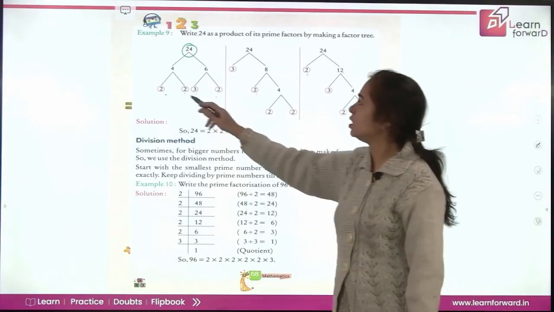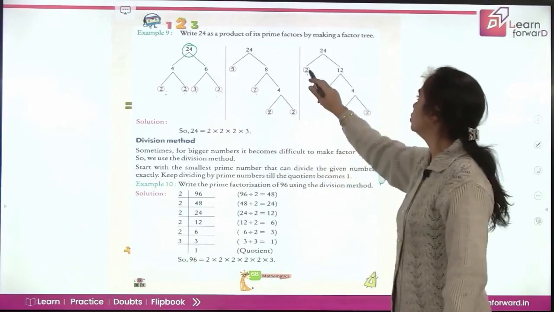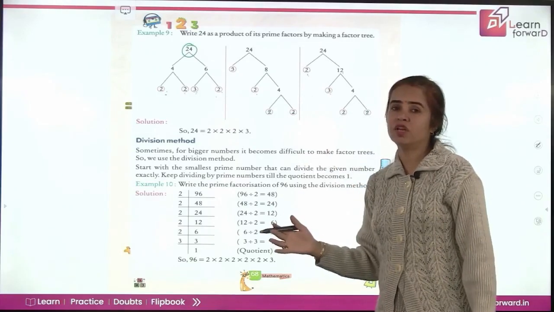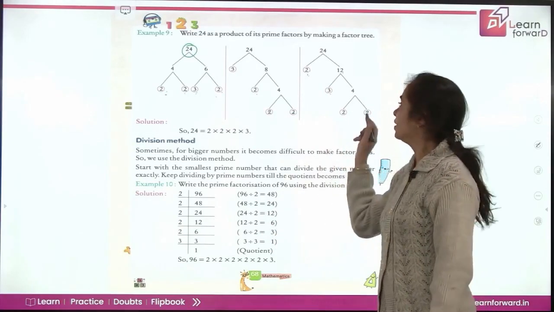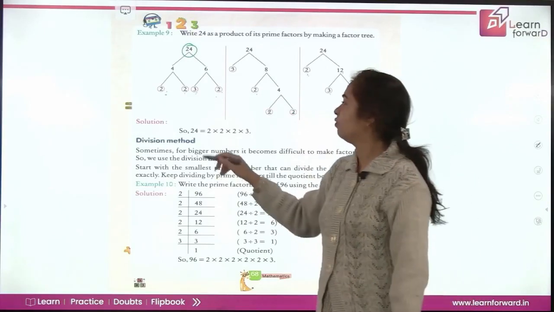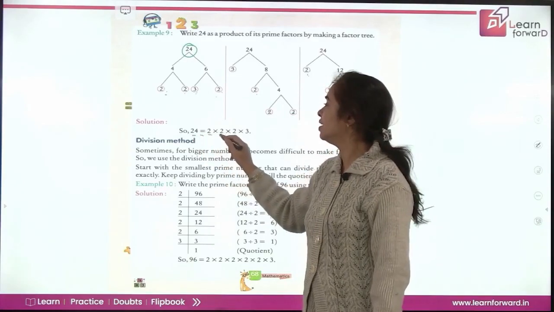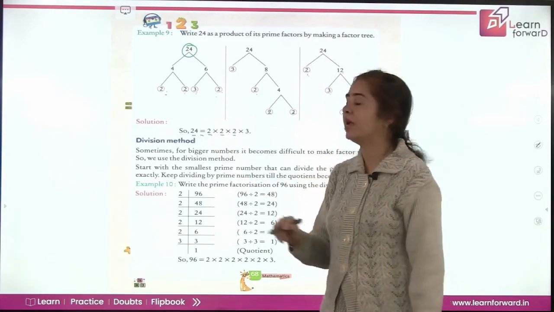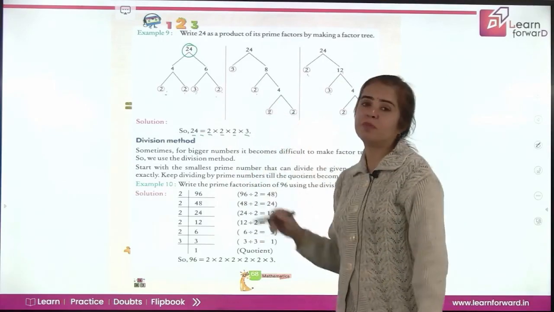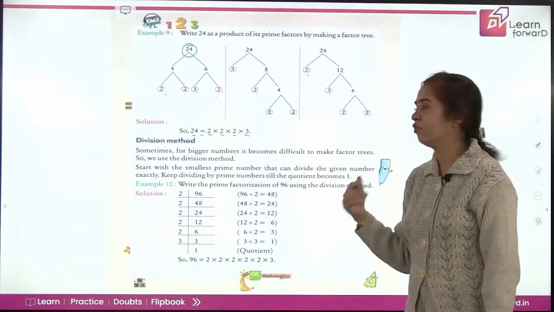In any of the ways, whatever way you start, you get the same factors finally, which are prime numbers. So we say the prime factorization of 24 is 2 times 2 times 2 times 3. The product of all these prime numbers that you finally get is called the prime factorization.